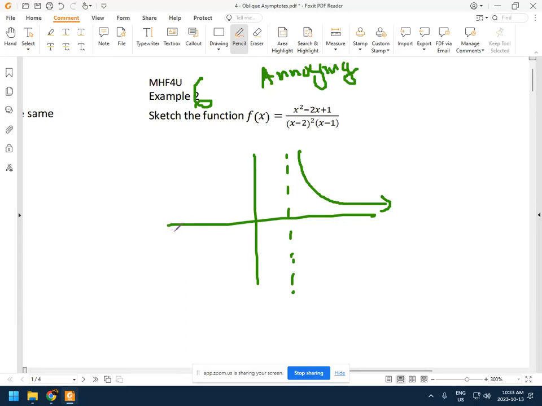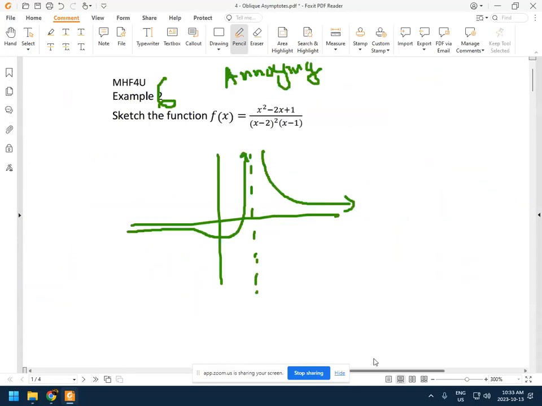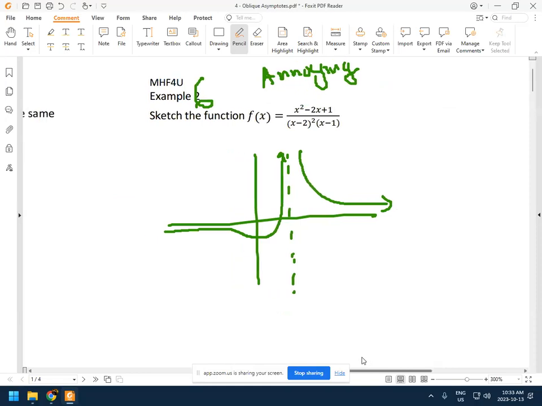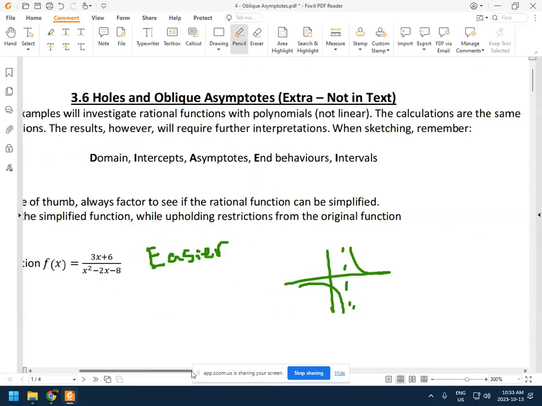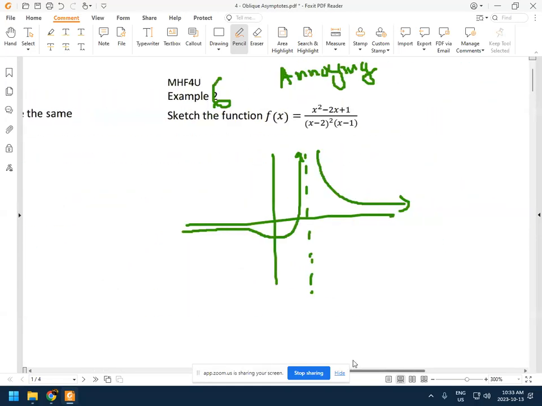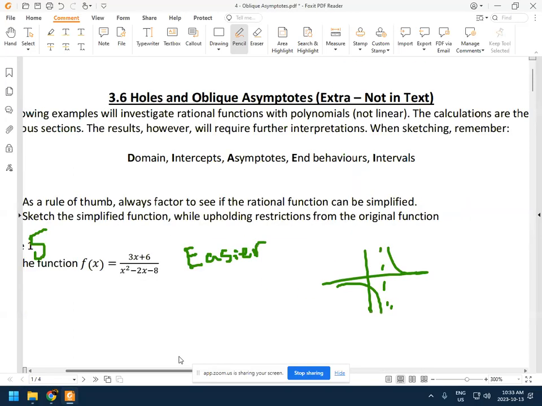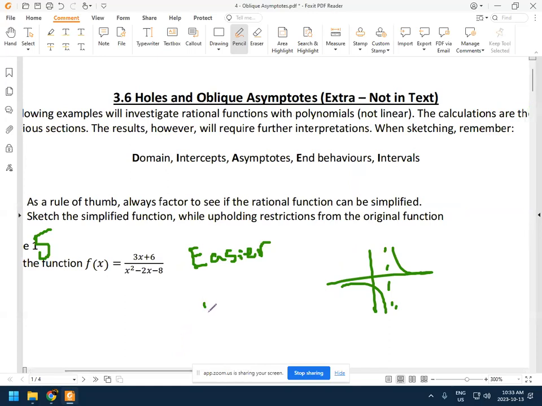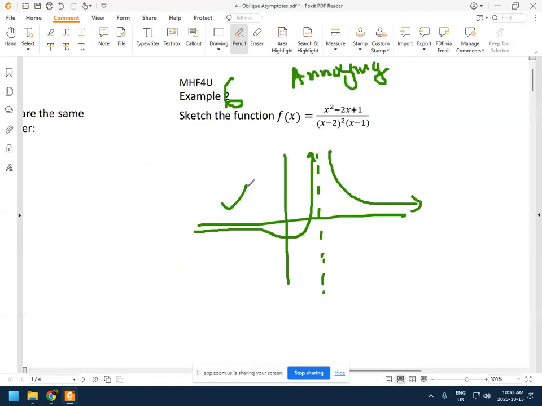It's going to look something like that, and it has a hole. Which one would you like to do? The one that you're used to, and you try this weird one at home? Oh, sorry, you try the weird one now, and you do the easier one at home on your own. What would you like? Option A, do this one, or option B, this one? B. You want to do this one first.